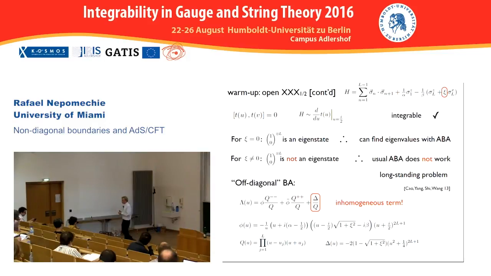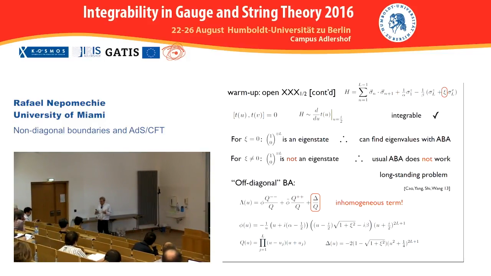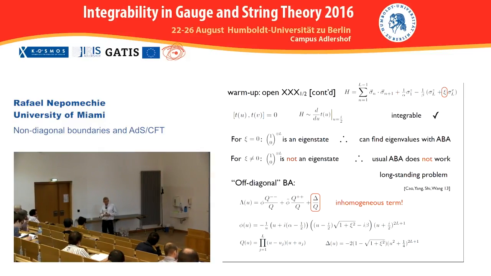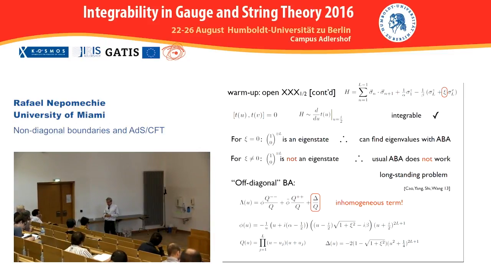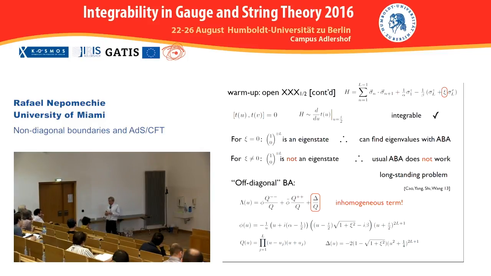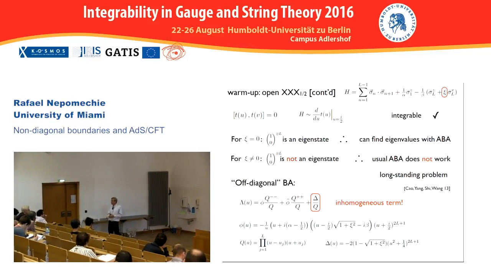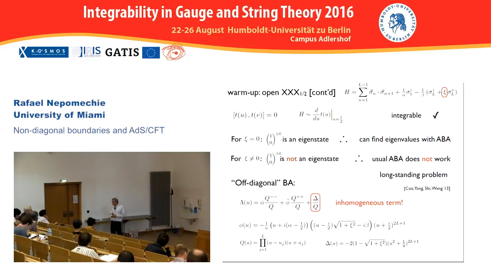I can say a few words briefly. What you can do is derive a functional equation for the transfer matrix. Again, there's a long history of this, which goes under the name of analytical Bethe ansatz. One can formulate a closed functional equation for the transfer matrix, and then we impose bootstrap conditions, crossing, unitarity, and asymptotic behavior.